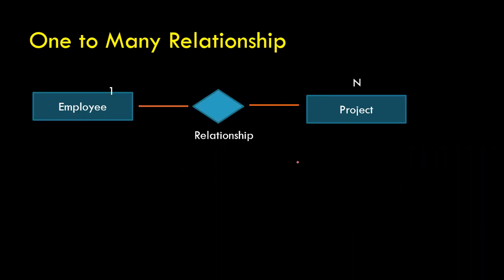In this case, the employee and project are entities, also called tables. So a single employee working on two projects at a time would be considered a one-to-many relationship.